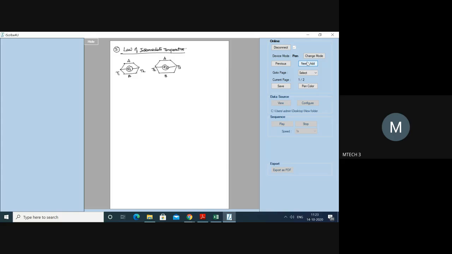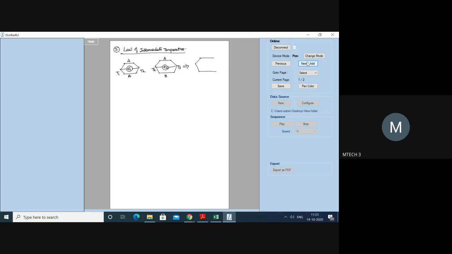Now, the law of intermediate temperature states that when a thermocouple is developed between junctions T1 and T2, E1 is the EMF developed, and when maintained between T2 and T3, the EMF developed is E2.